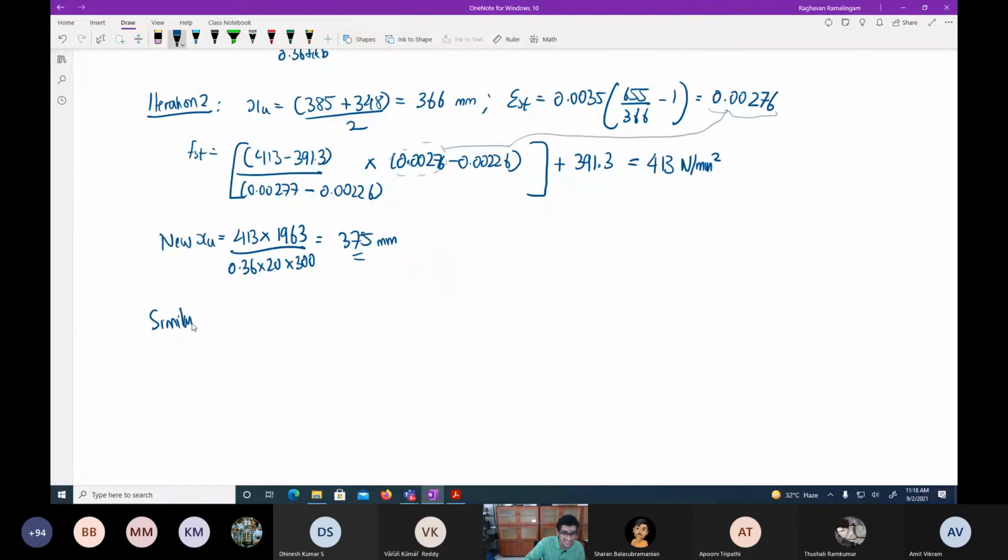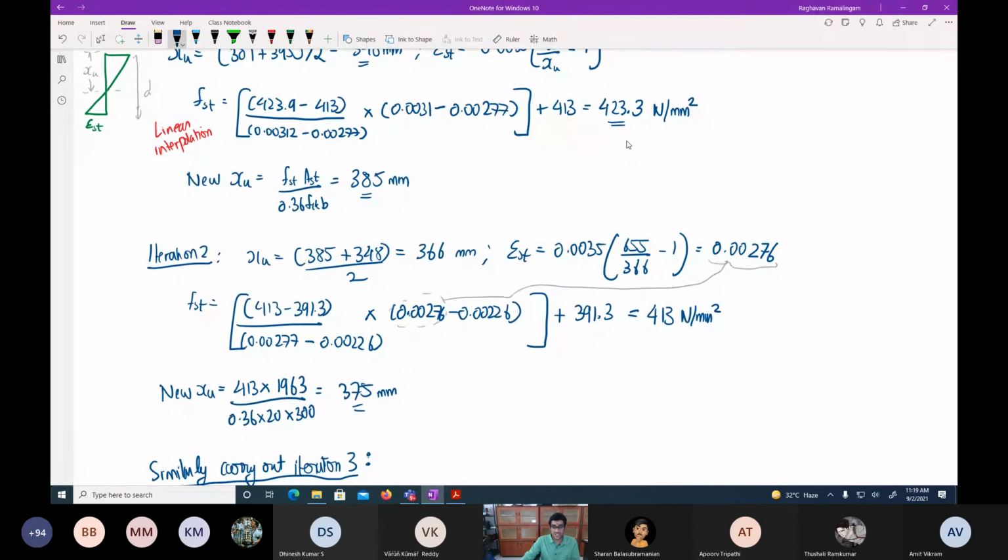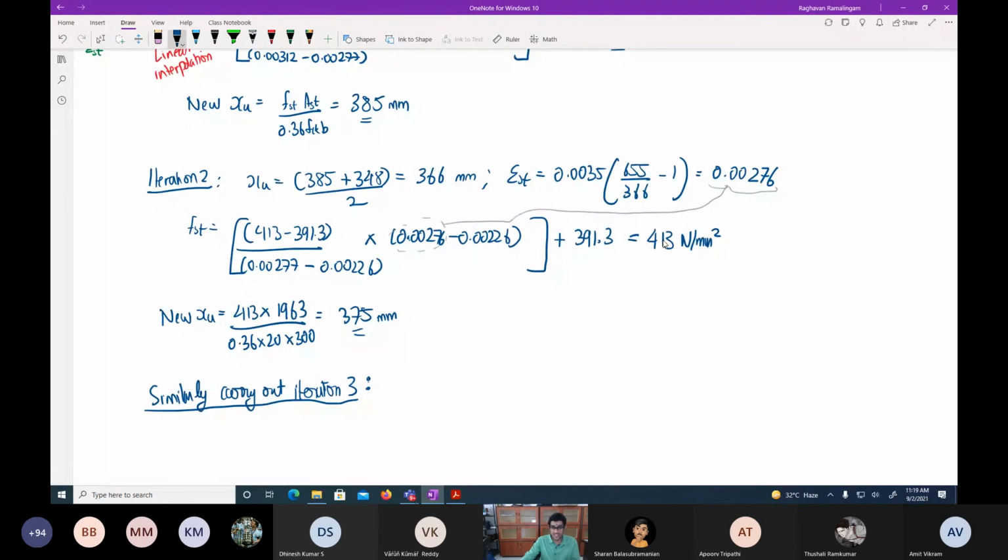So I'll just say similarly carry out iteration 3. Let us assume that initially you had 423, then it came down to 413.